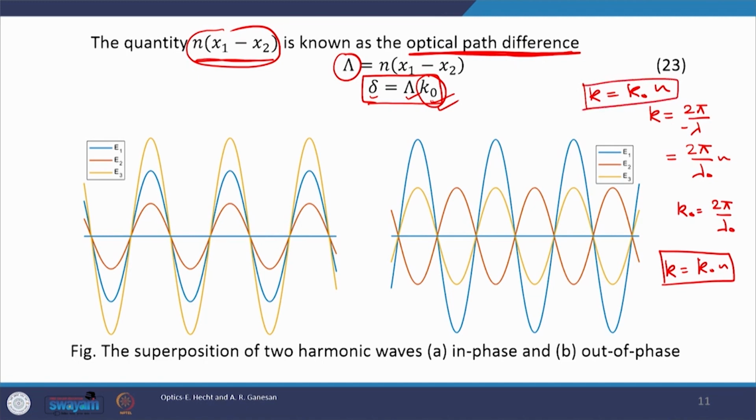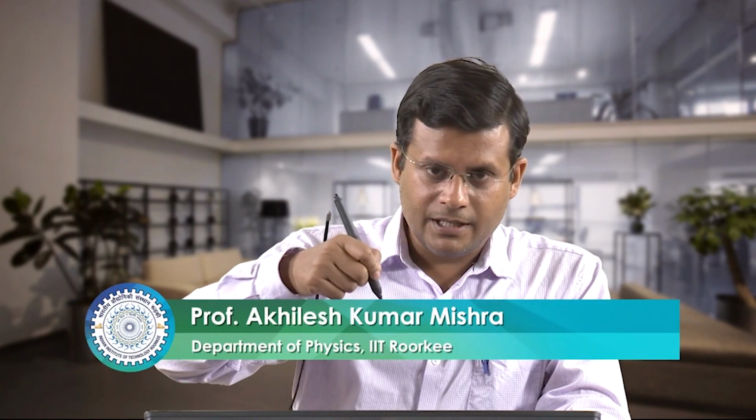Now you see here in the figure on the left, there are three waves, this is E1, this is E2 and this is E3. They are of different magnitudes. Their amplitudes are different, but they oscillate with the same frequency. Now, if we assume that they are oscillating in the same phase, then they will reach their maxima simultaneously, as well as their minima simultaneously.